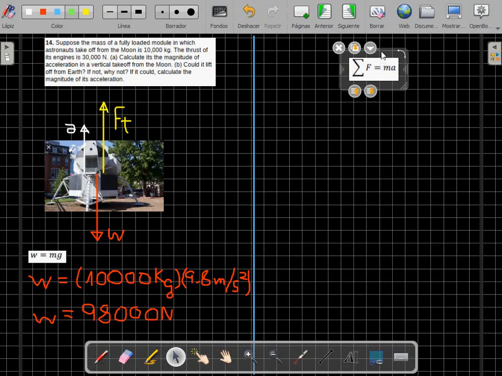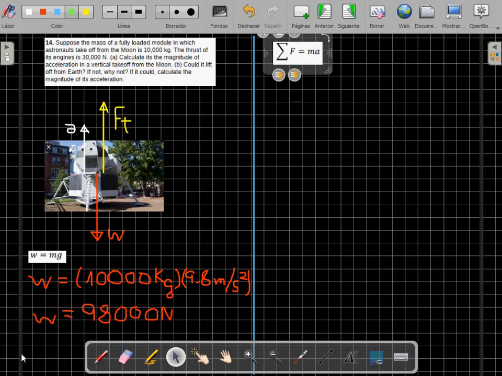Once again, we have to add all the forces involved, that is, force of the thrust plus the negative of the weight equals the mass times the acceleration.